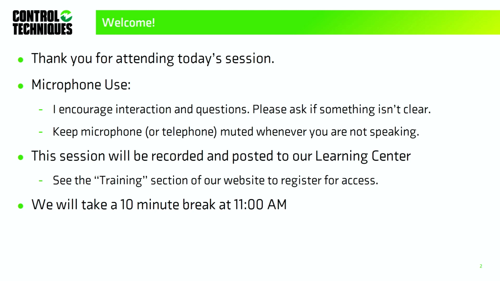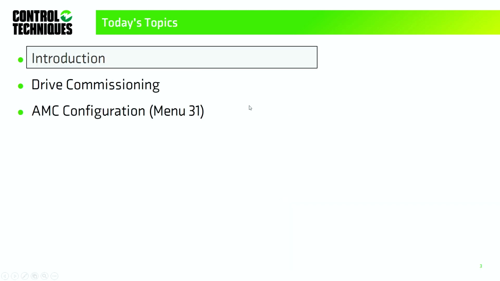For about 10 minutes. So today I'm going to begin with an introduction to the AMC. After that, we're going to look at some initial drive commissioning, and that's important. I monitor all of our tech support calls, and quite a few people who are coming from the PLC side of the world want to begin with the PLC and go from there.